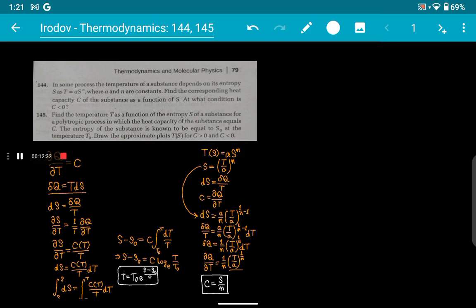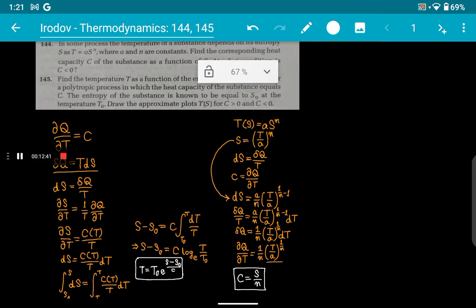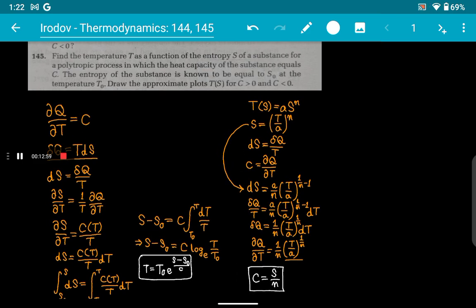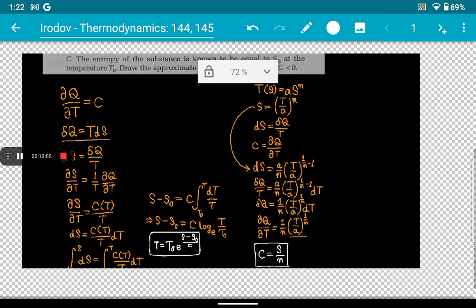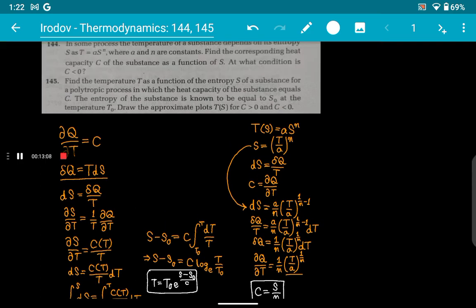If your thermodynamics in chemistry is very good, you may probably have done this type of thing, because this is more chemistry than physics. We are writing del Q is equal to del U plus del W rather than the chemistry one, delta U is equal to Q plus W. That's the first law for chemistry. We didn't require the first law for solving these two problems, but this was for the entropy and temperature relationship, and you can check out more problems on this.